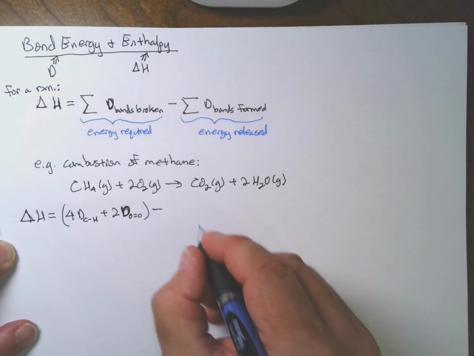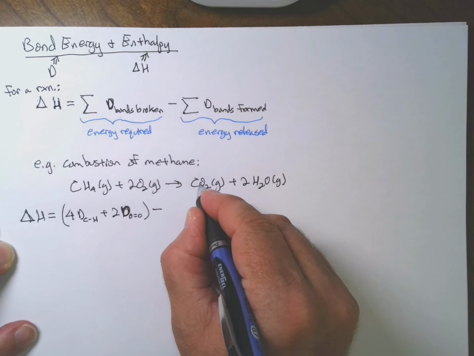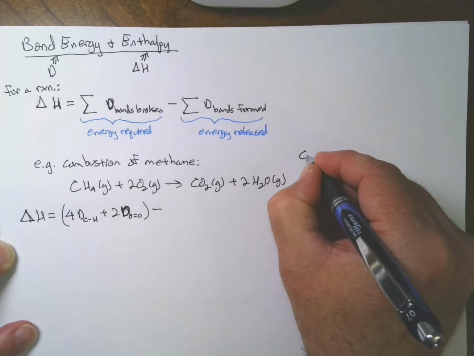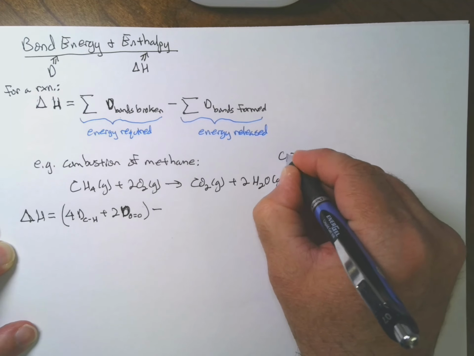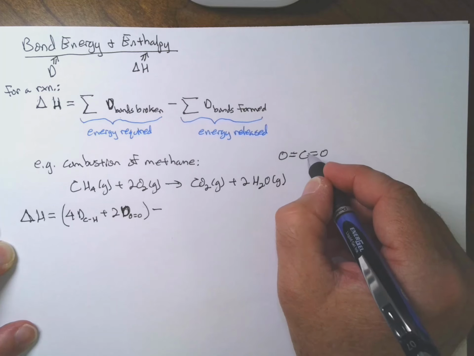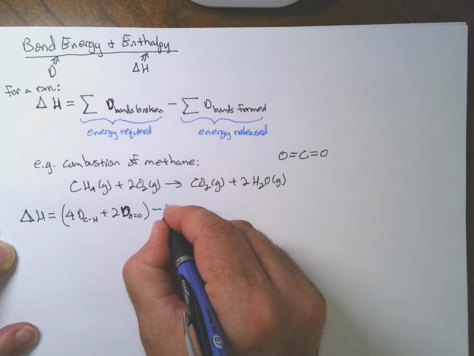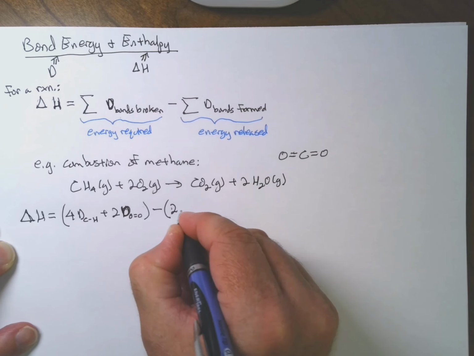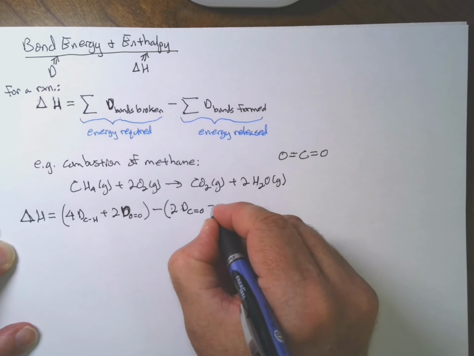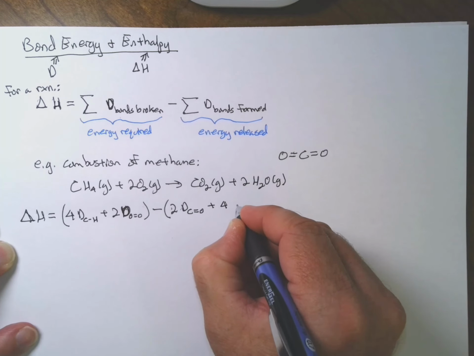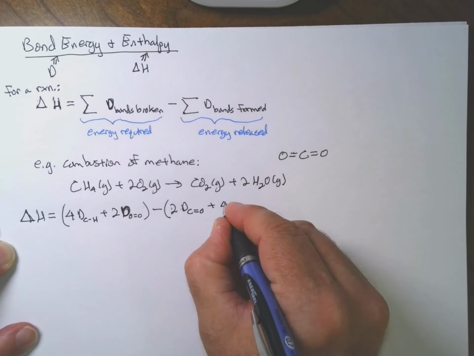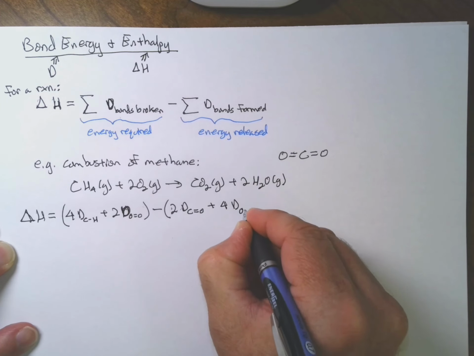Then minus, we're making 2 CO double bonds because carbon dioxide, I happen to know, has that structure, so 2 times D(C=O), plus 4 D(O-H), because I've got 2 OH bonds in each water, and I've got 2 waters.